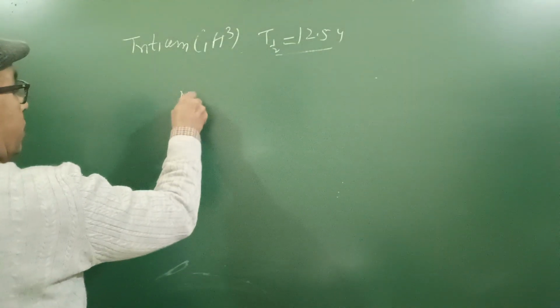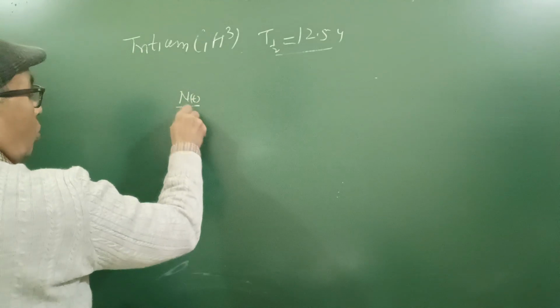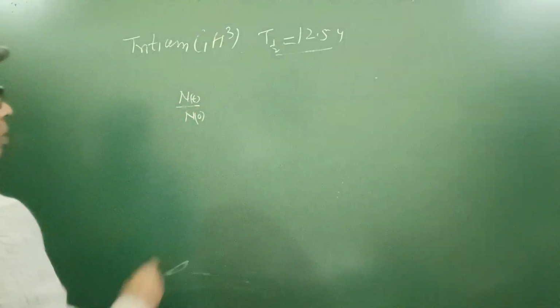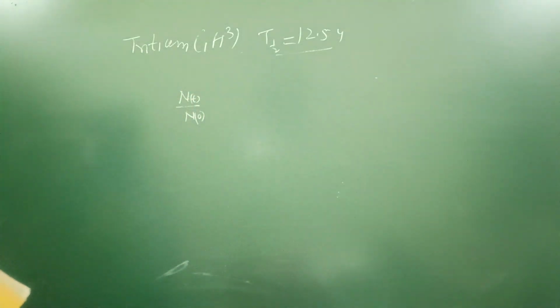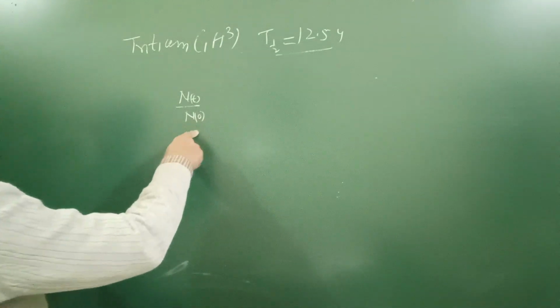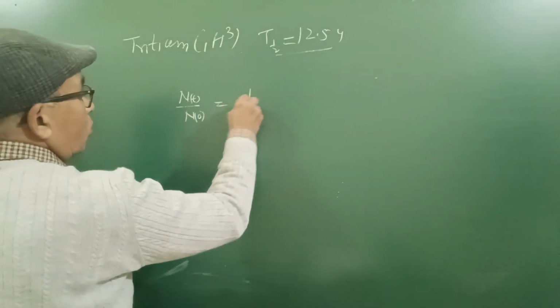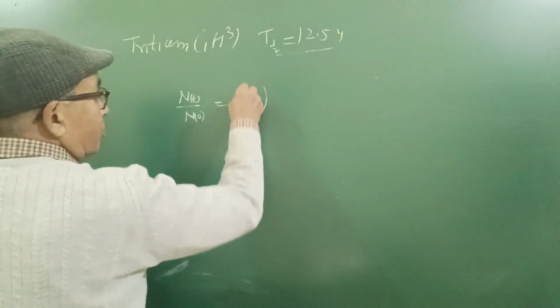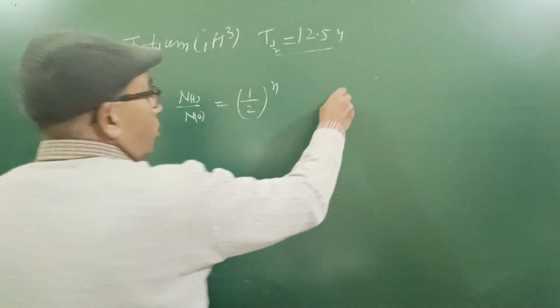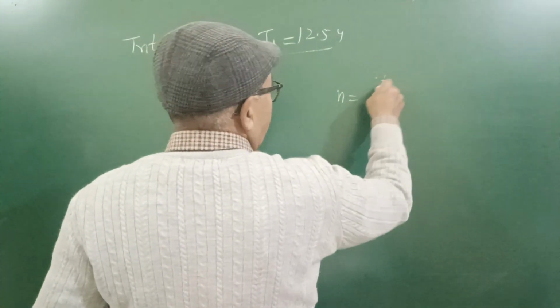So NT upon N0, I told you what NT is, the number of radioactive nuclei left undecayed after time T. If initially it had N0, it is 1 upon 2 to the power n, where n is equal to T upon T half.